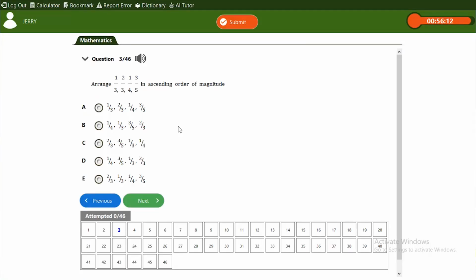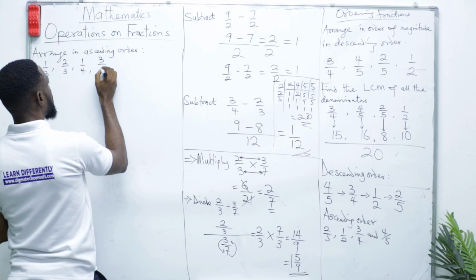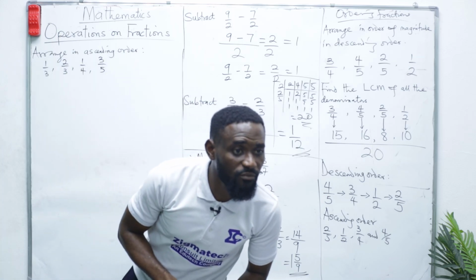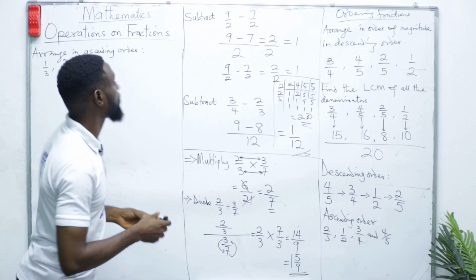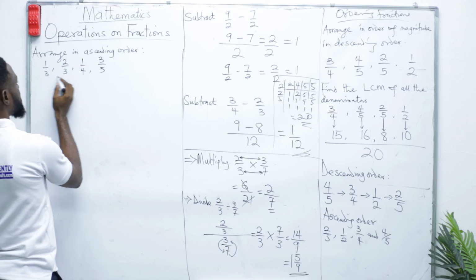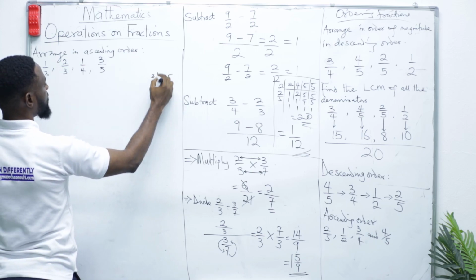The next one is 1 over 4. The next is 3 over 5. Is that correct? 3 over 5, 1 over 4, 2 over 3, 1 over 3. Okay? So what do we do? Like we said, the LCM of all these. So let's see, 3, 4, 5.